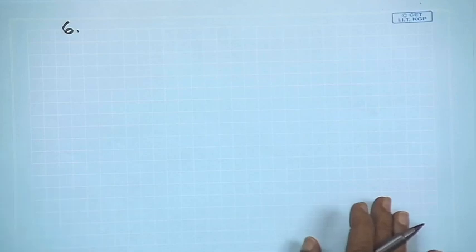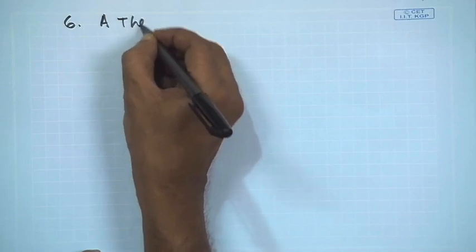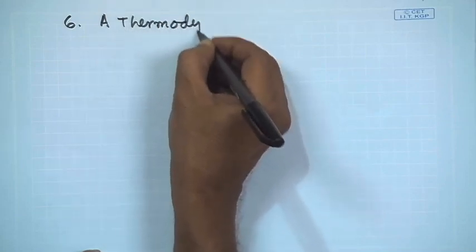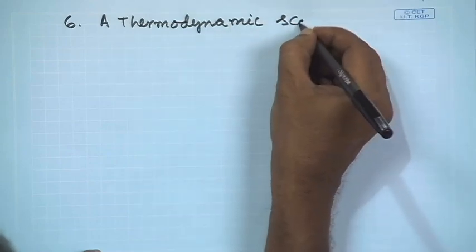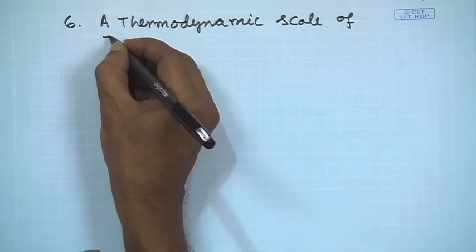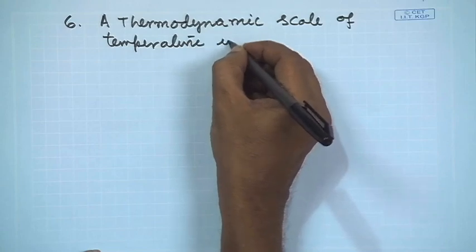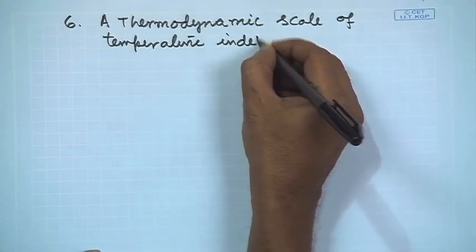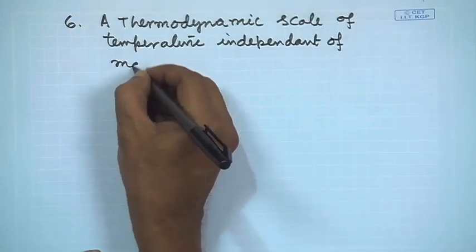Then the other points we get, this is a corollary, but again it has great importance. It gives us a thermodynamic scale of temperature independent of material property.